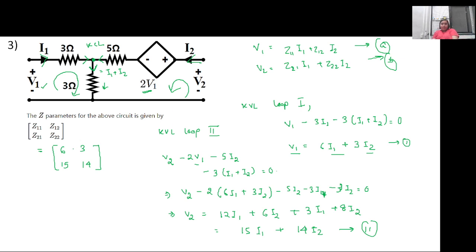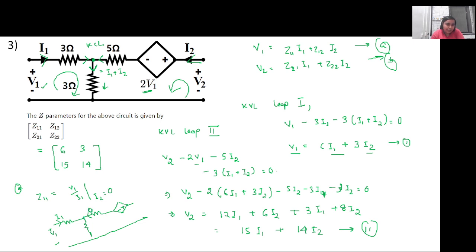Just for the sake of it, I'll show you one value. If you want to directly calculate Z11, considering equation A, Z11 can be calculated as V1 by I1 with I2 equal to 0. So if this is the circuit, V1, I1 current is flowing. I2 is equal to 0, so there is no current flowing in.